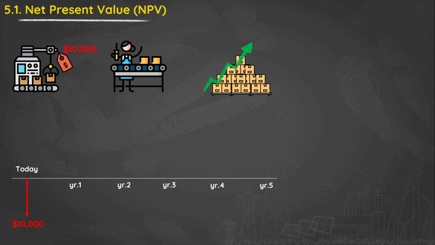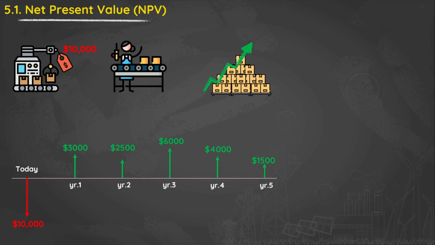During planning, you found out that if you pay 10,000 US dollars, you will get these 5 profit cash flows over the next 5 years. And now it's time for decision.